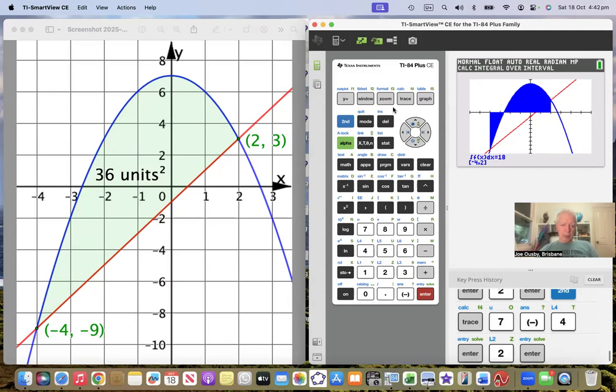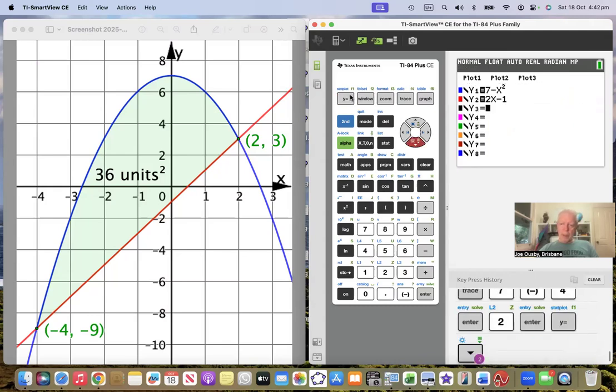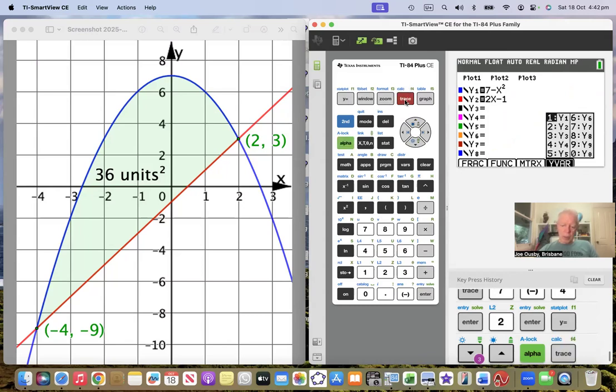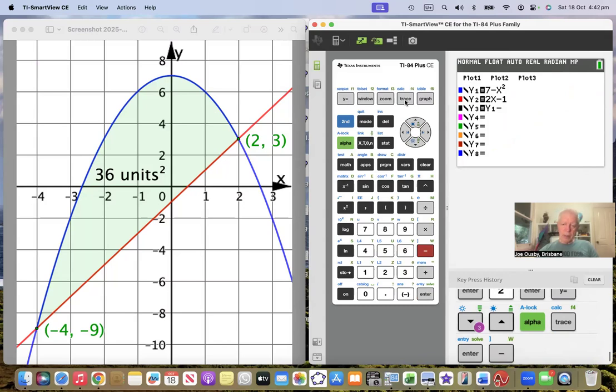We can demonstrate that further by asking the calculator to actually calculate the difference between the functions, y1 subtract y2.